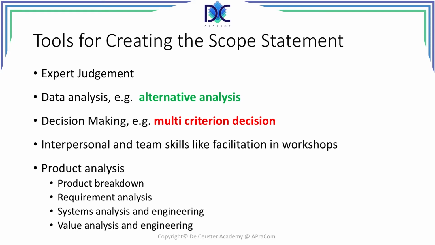We look at interpersonal and team skills, which can be done like facilitation in workshops. And finally, we have product analysis, which is composed of project or product breakdown, requirement analysis, systems analysis and engineering, and value analysis and engineering.